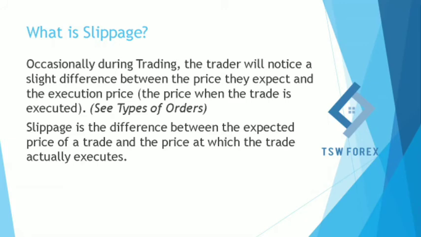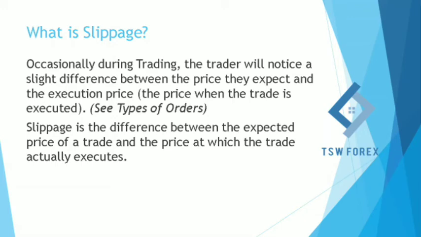What is slippage? Occasionally during trading, the trader will notice a slight difference between the price that they expect the execution price to be and the price at which the trade is executed. We're going to talk about types of orders in phase 2. Slippage is the difference between the expected price of a trade and the price at which the trade actually is executed.